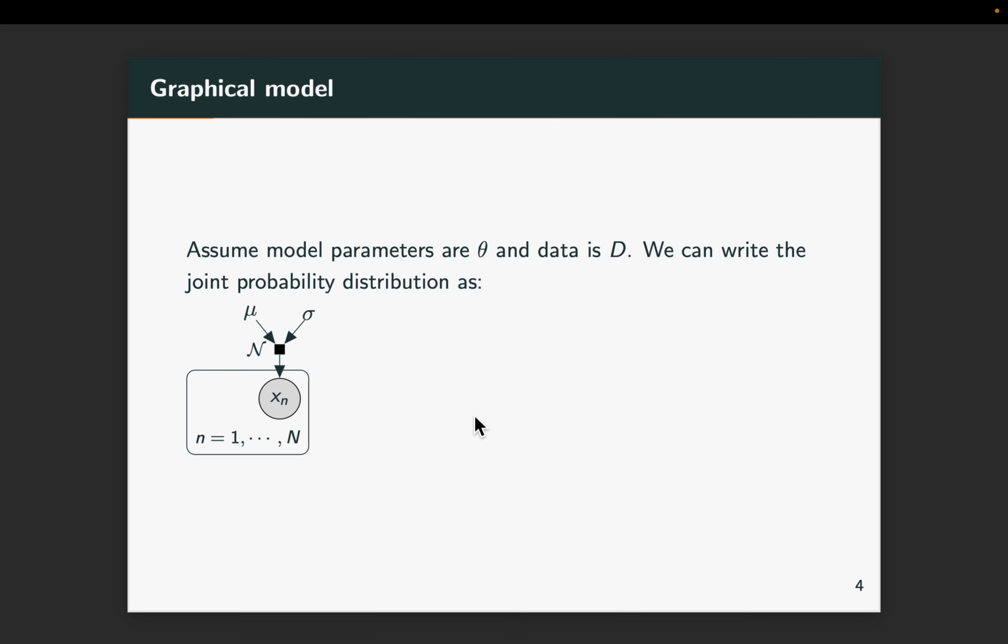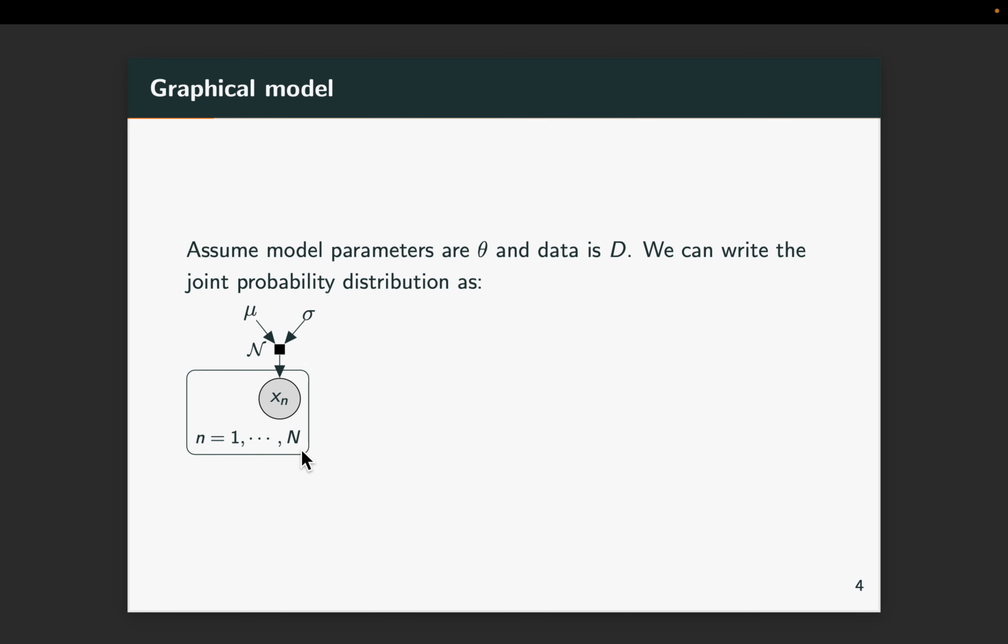And we can also very conveniently draw this as a graphical model. We have n observations. N was 1000 in the previous case. All of these observations depend on mu and sigma through the normal distribution object that I've created. x1 is a draw from a normal distribution with mu and sigma, x2 is a draw from a normal distribution with mu and sigma, xn is a draw from a normal distribution with mu and sigma, and there is no relationship between those.